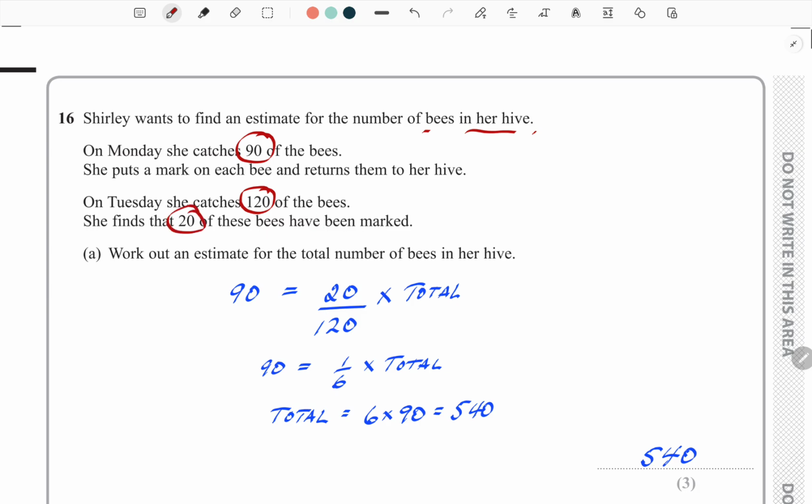Okay, we assume the marked bees are spread evenly through the population, through all the bees there. So through the hive.